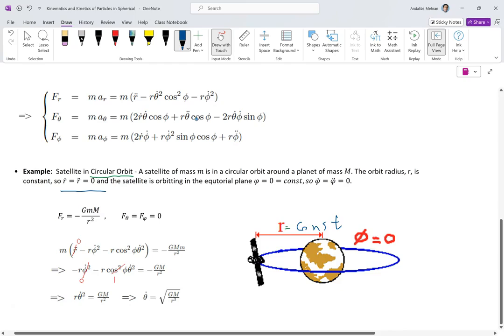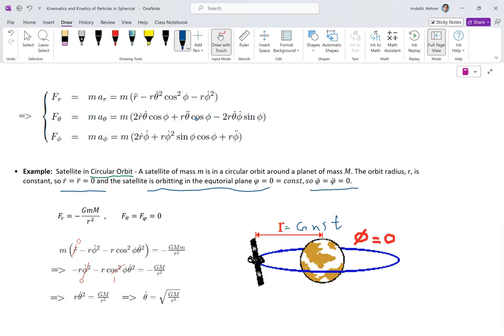Also, for angle phi, the elevation angle, we assume that is also 0. So the satellite is orbiting in the equatorial plane. So phi is 0, and so phi dot and phi double dot are also 0. And this phi of 0 is constant. That's the simplest scenario you can possibly imagine.